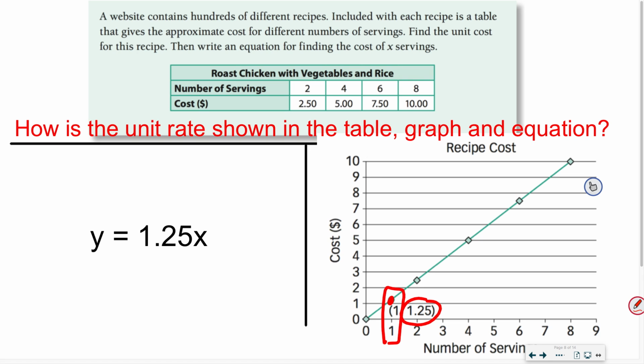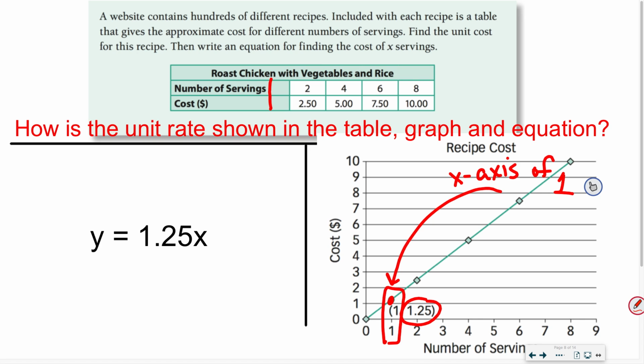How about in the table? So for my graph, you can look where x-axis is 1. How about in my table? Is my unit rate there? How do I get it? Division, okay.